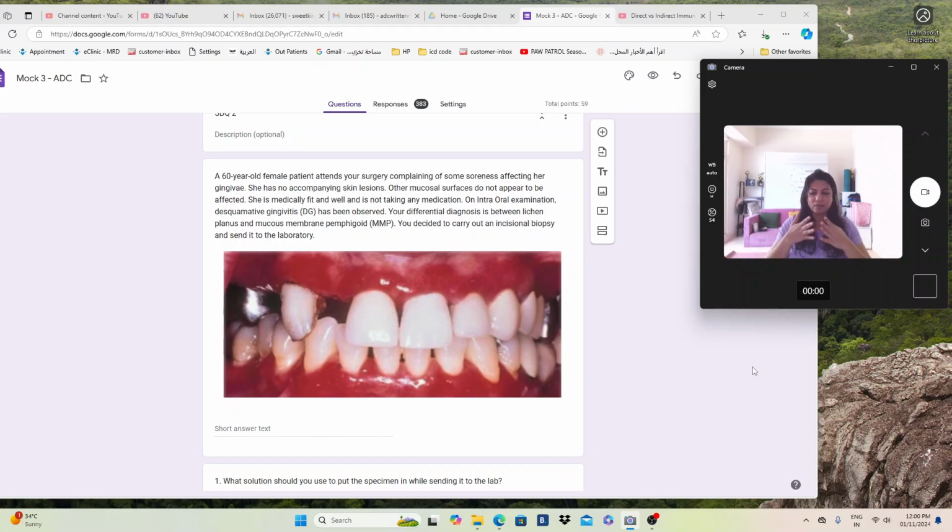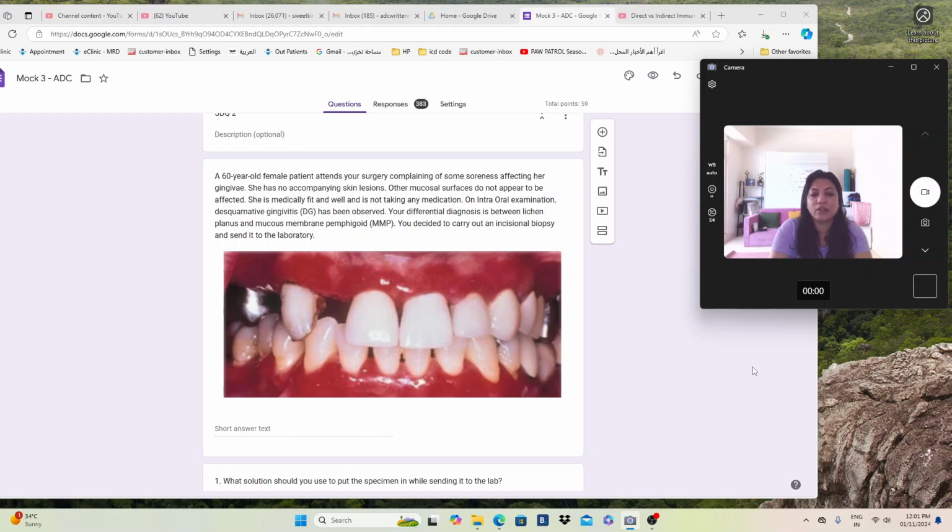Now yellow has various shades. It can be mustard yellow, lemon yellow, dark pastel yellow, or very light creamy yellow, you know. So similarly, desquamative gingivitis is a very broad term. Many conditions can exhibit symptoms of desquamative gingivitis. So you need to know which condition it is, okay?